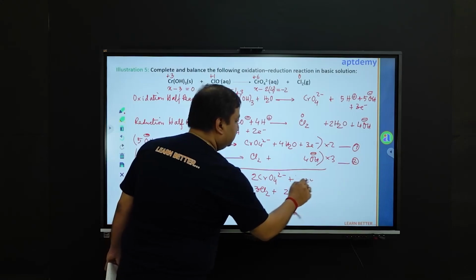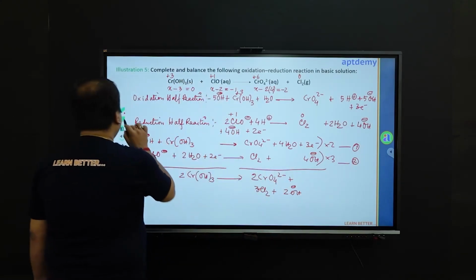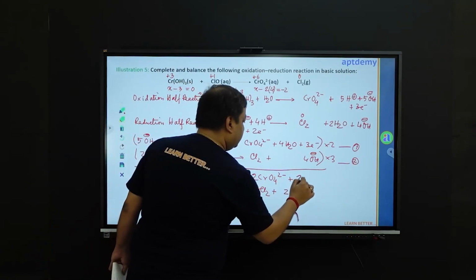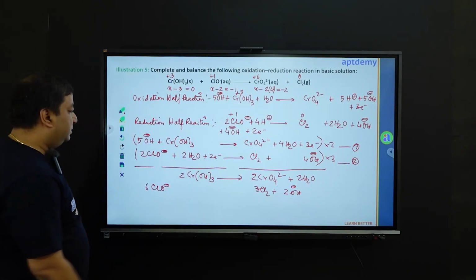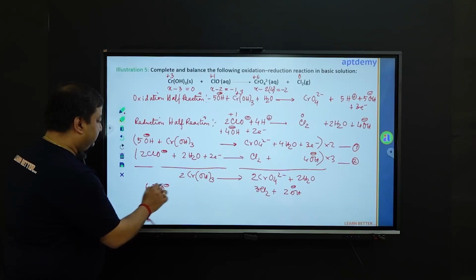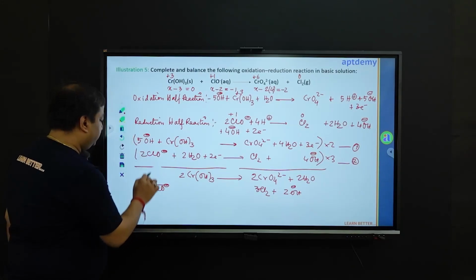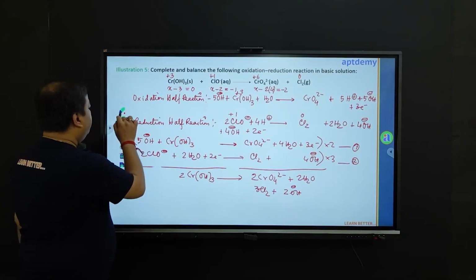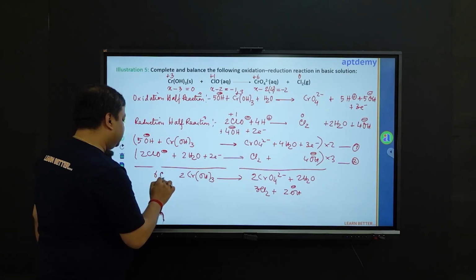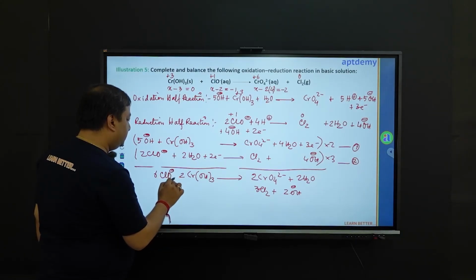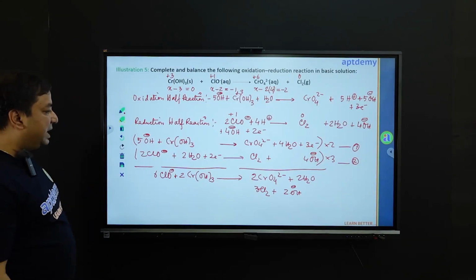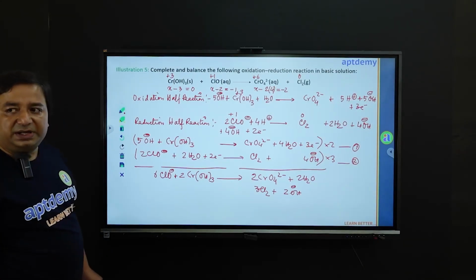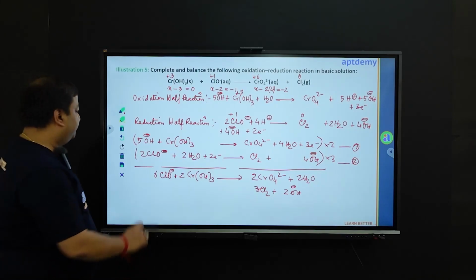Here we have 8. So cancelling them out, we will say 2 water molecules should be retained. And now let us write this over here. 6 ClO. Okay. So that should be the balanced equation over here, and that should be our answer.